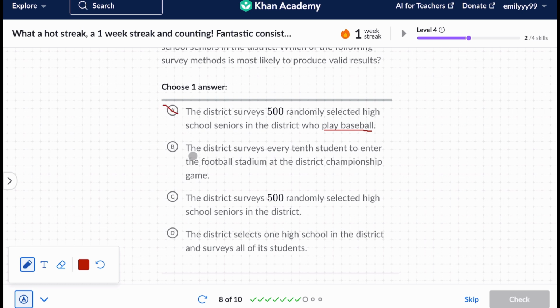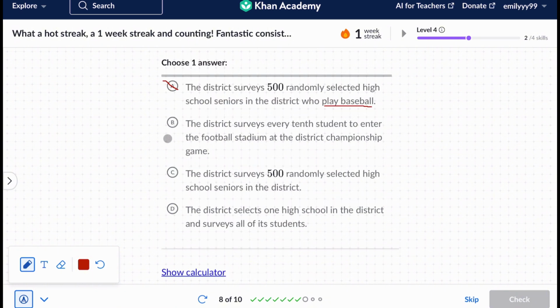B. The district surveys every 10th student to enter the football stadium at the district championship game. Maybe we'll keep that based on the other two, but it's less likely to be this answer, because what if only 20 people show up to the game? It's probably not the answer.